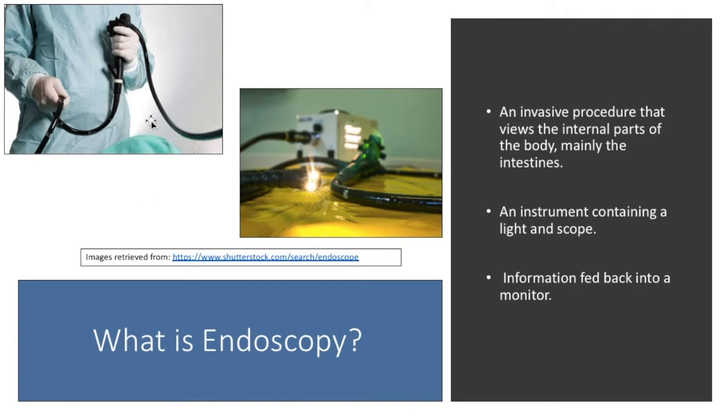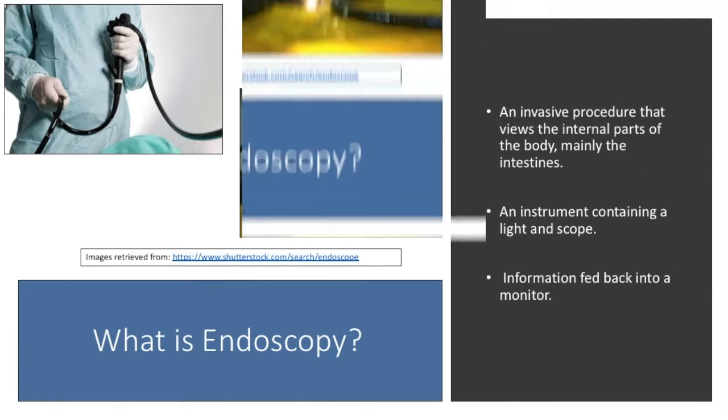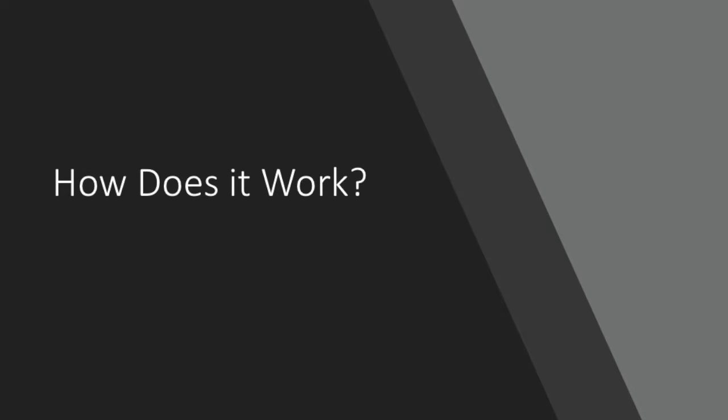As you can see here, this is what it looks like. The doctor is holding the device in one hand and the tubing in the other hand to direct it through the patient's mouth. Here's another picture of what the tip of the device looks like and how it works.